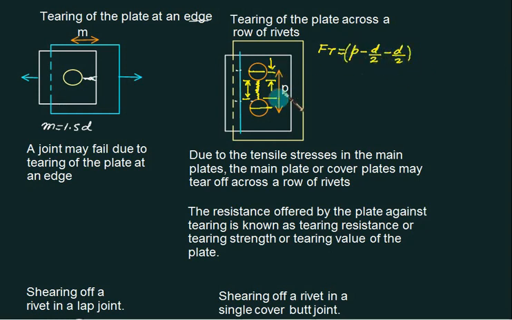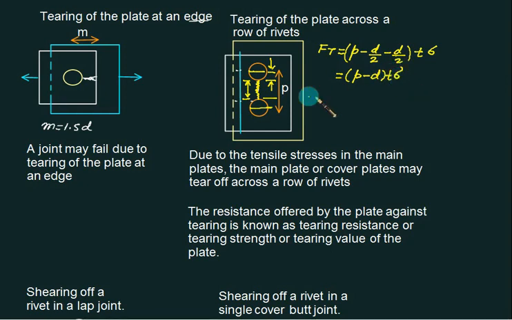Pitch is this distance, D by 2 is this distance, D by 2 is this distance. So the resisting area is P minus D multiplied by T, the thickness, and multiplied by sigma. So we have tearing strength equal to P minus D multiplied by sigma into T.